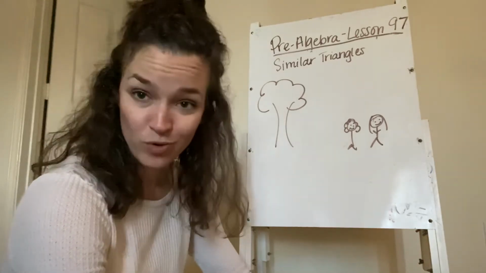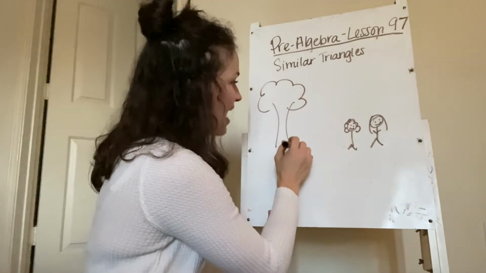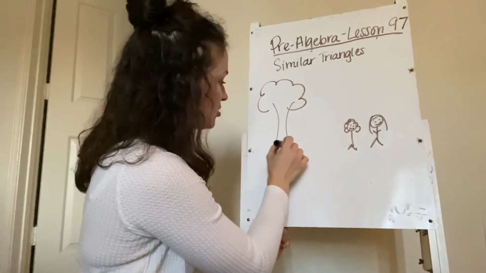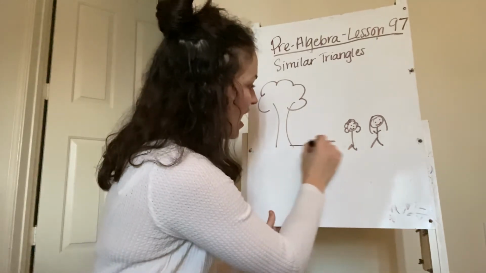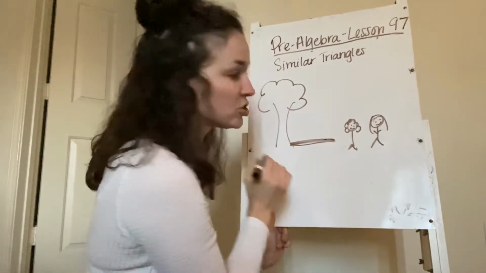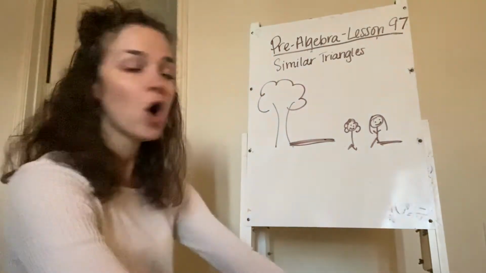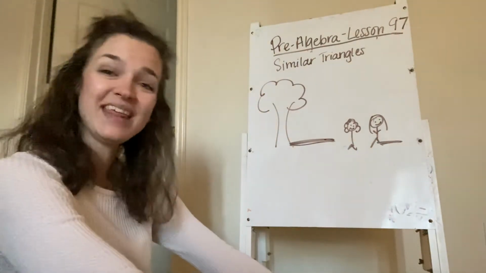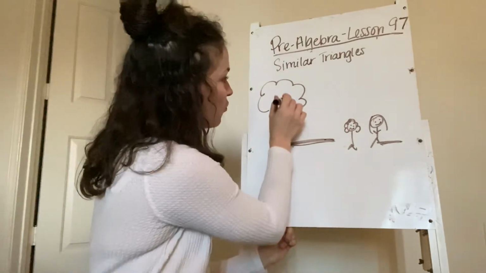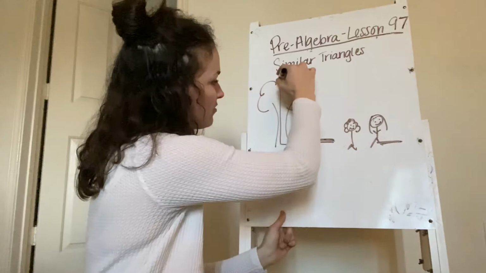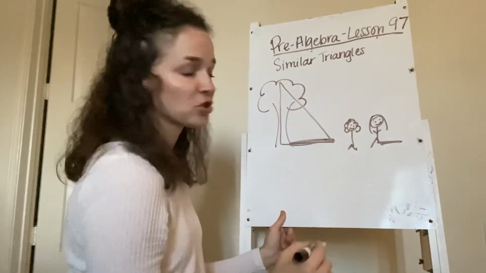The shadow. So she's looking at, okay, well, I can't really properly estimate how tall that tree is, but I can look at the tree's shadow in relationship to my own shadow. So then if you look at what that forms, we've got the height of the tree and the shadow of the tree, it makes a triangle.